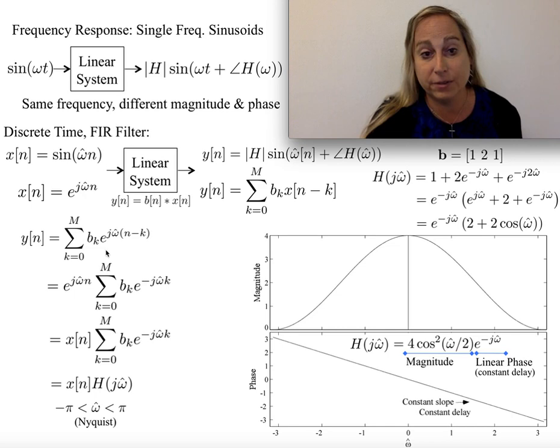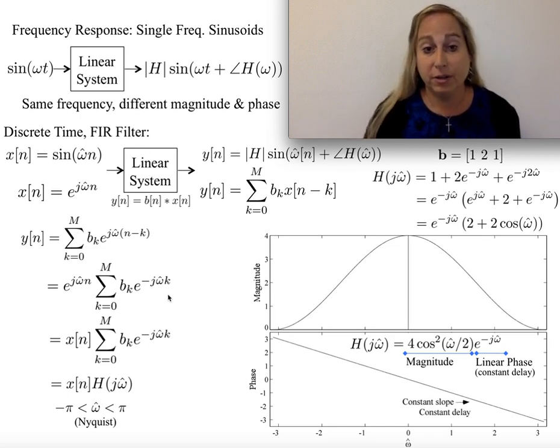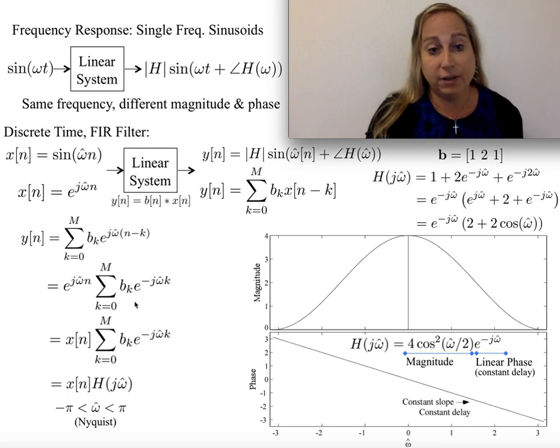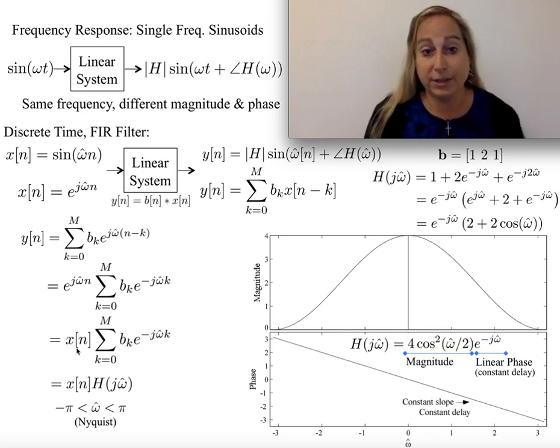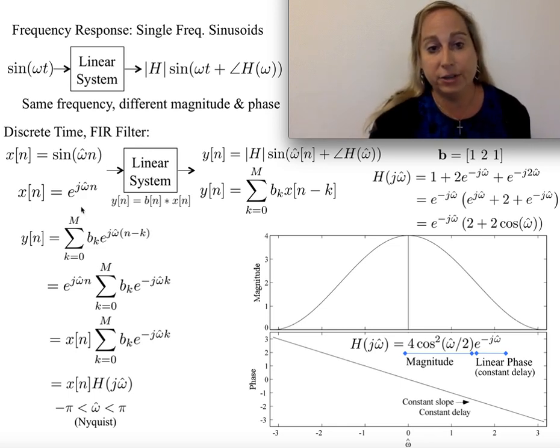Well, let me take all those values of x and pull them out to the outside because they're all the same. And now I've got a summation that has those values plus what looks like values at delays, right? e to the minus omega hat k for all the different k's. Well, this is my x of n, which was meant to be that sinusoidal signal, which is now e to the j omega n.